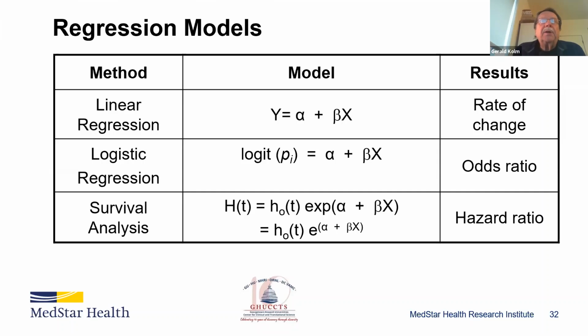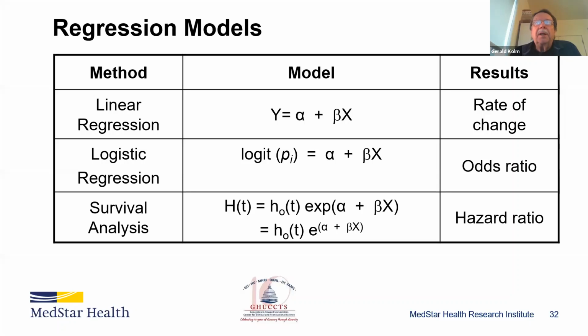In logistic regression, we have a similar sort of thing, except that now we're looking at the logit, or we're looking at the probability of an event. But we have the same kind of formulation here. But now what we're interested in is the odds ratio.